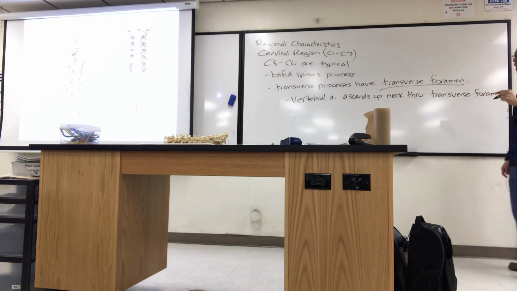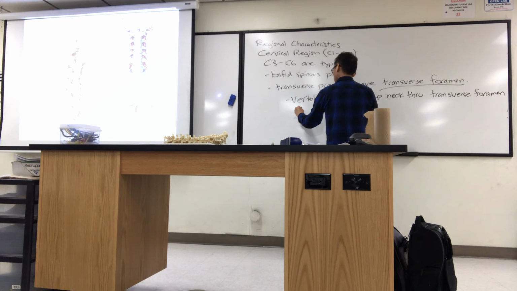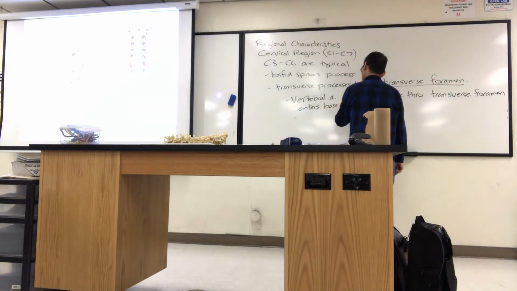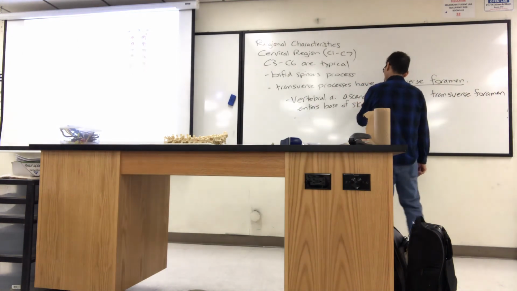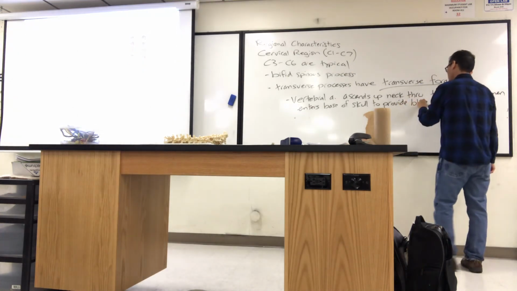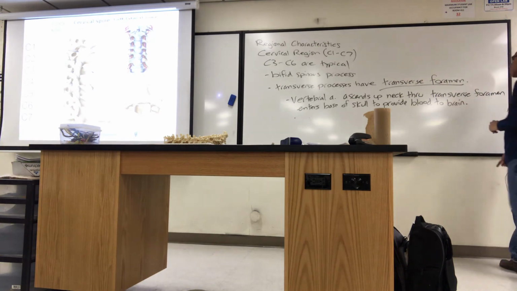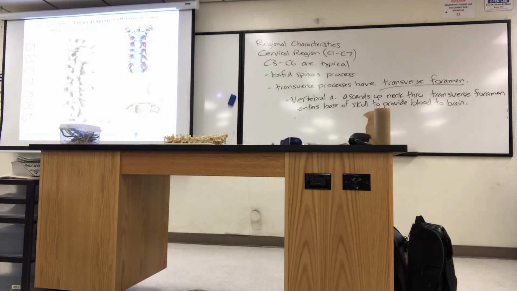The vertebral artery, it will actually enter the base of the skull to provide blood to the brain. That's important. You only have 2 arteries that enter the skull to supply blood to the brain. One is that one, the vertebral artery. The other one is the internal carotid.